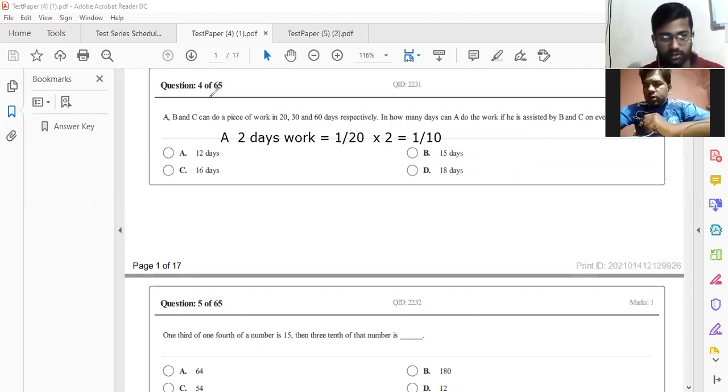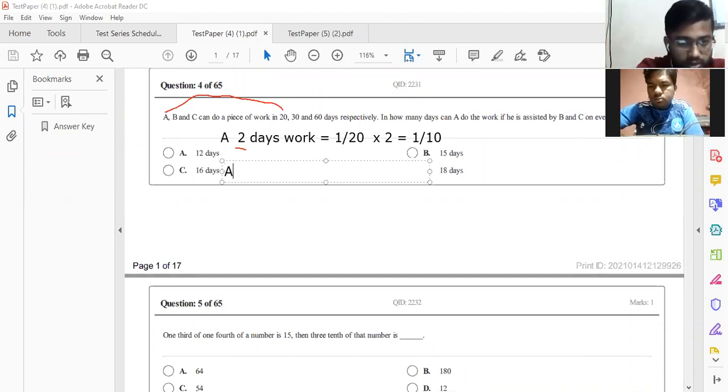Because here A is doing the piece of work in 20 days. Okay. So first calculate 1 day work of A, that is 1 by 20, just by taking the reciprocal by the unitary method. Okay. And we are calculating 2-day work, so I am multiplying with 2. Clear? Now similarly calculate A plus B plus C's 1 day work.